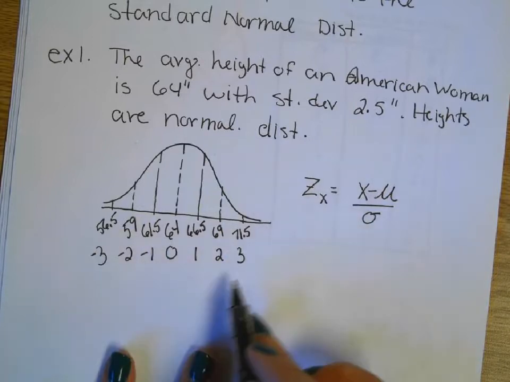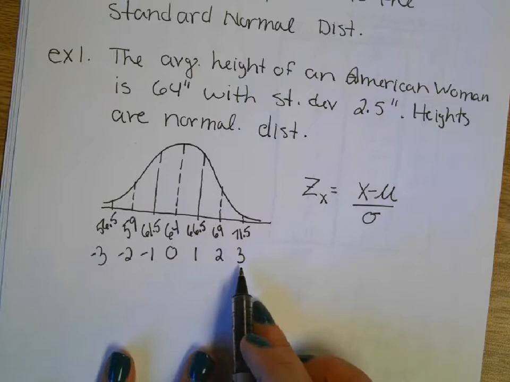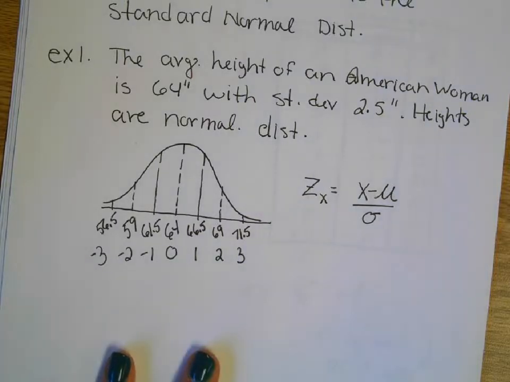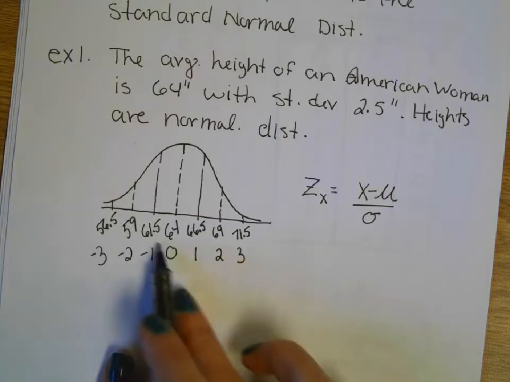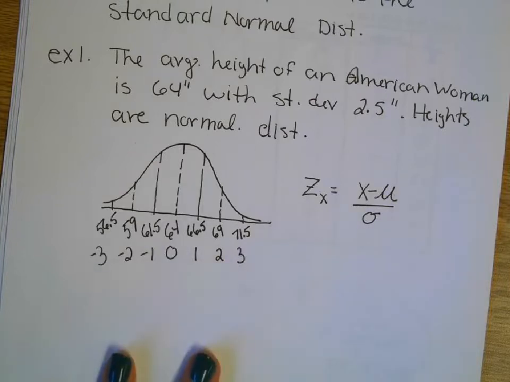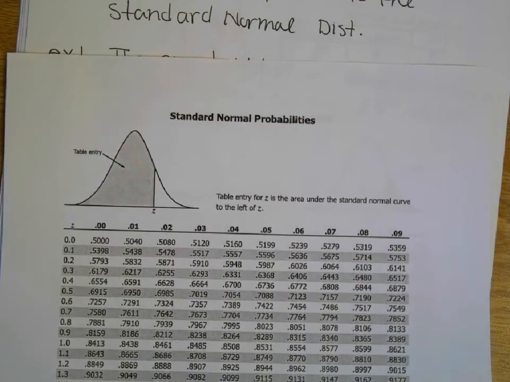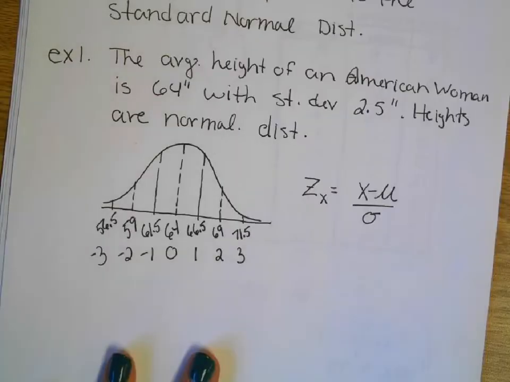That's the standard normal. This one's normal, this one's the standard normal. So anytime you take a normal distribution, whatever the IQ scores, whatever we're working with, if you convert them all to z-scores, every single graph is going to look like this one, from -3 to +3. Make sense? Which allows us to use this standard normal table to get our areas and probabilities.